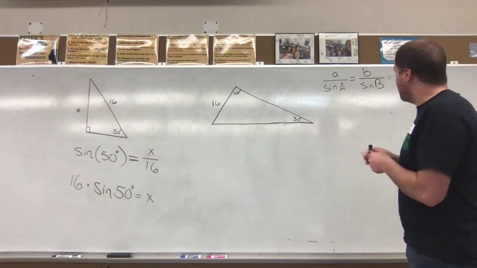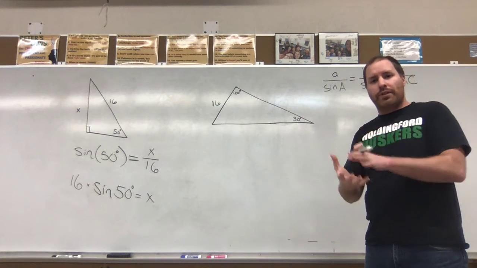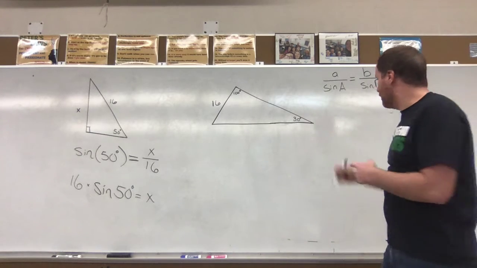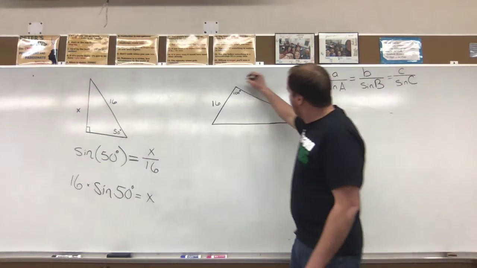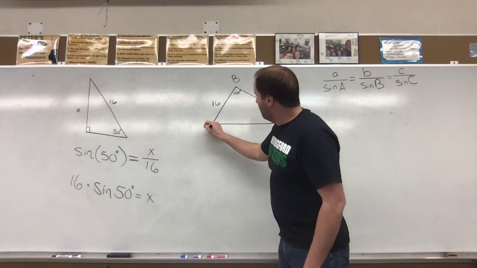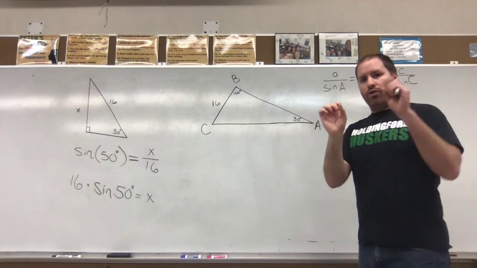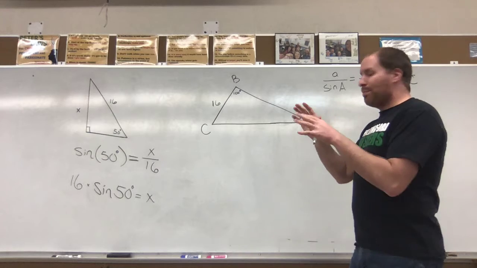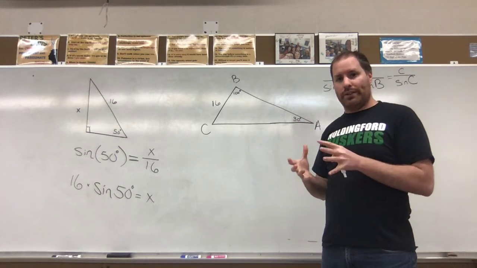Any capital letters always represent vertices, or in our case, angles, around a triangle. So I could set this as capital A, capital B, capital C. Capital letters always represent the vertices. Lowercase letters represent the sides across from those vertices.